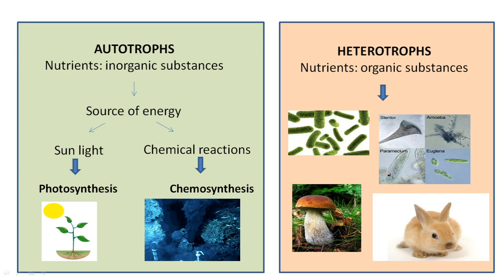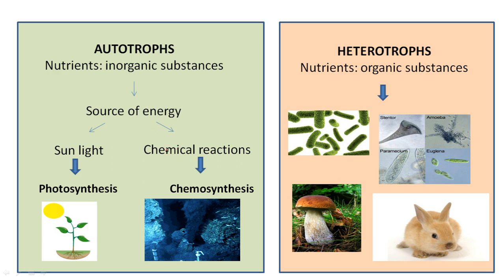Okay, this is a table that is quite interesting. You can copy it in your notebook. So it basically says the same. Autotrophs take as nutrients inorganic substances, and they transform these inorganic substances into organic substances through a source of energy. If they use sunlight as a source of energy, then they are called photosynthetic.